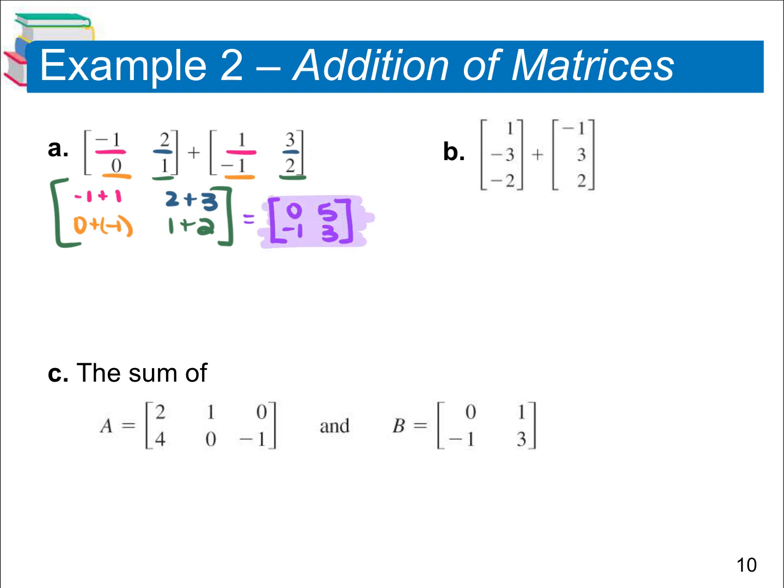For example B, you have 1, -3, -2, plus -1, 3, 2. So you are going to add the 1 with the -1, the -3 with the 3, and the -2 with the 2.